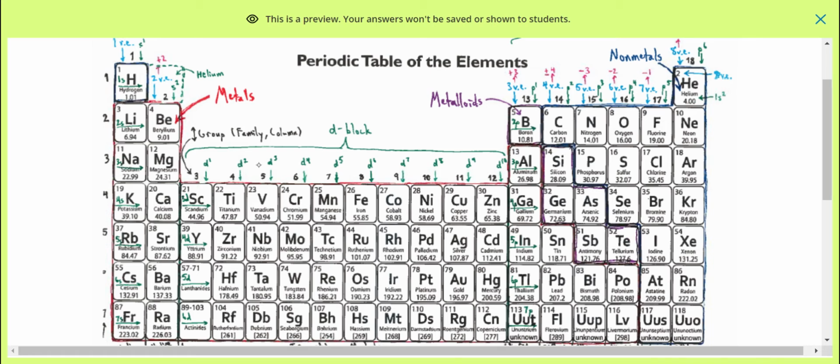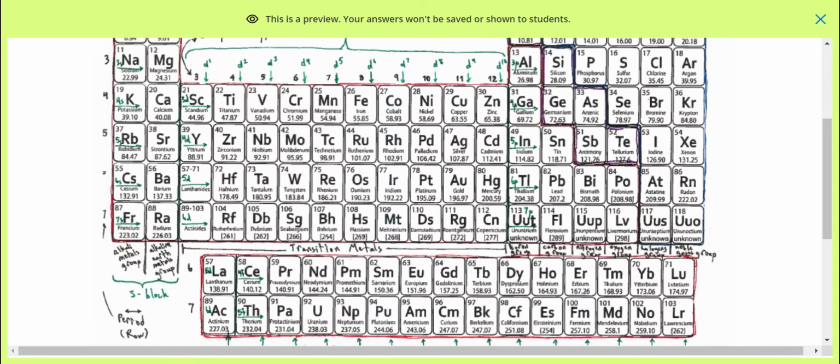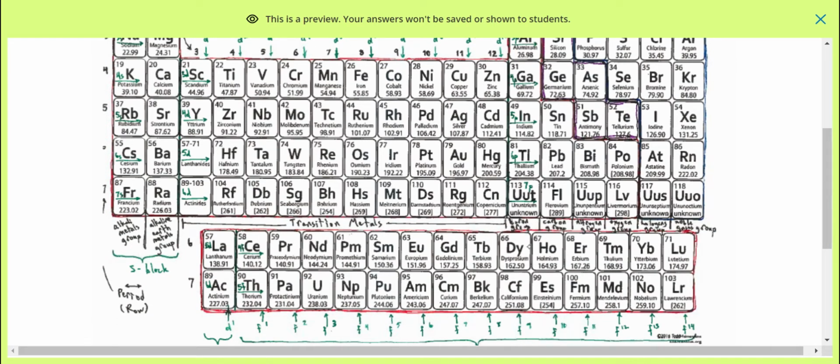We have stuff in the third period or period 3, fourth period or period 4, fifth period or period 5, sixth period or period 6, and then seventh period or period 7. Okay, the lanthanides and actinides down here, in the D block, are also part of period 6 and period 7. When we did electron configurations, the numbering for the D block and the F block got a little weird for the energy levels.